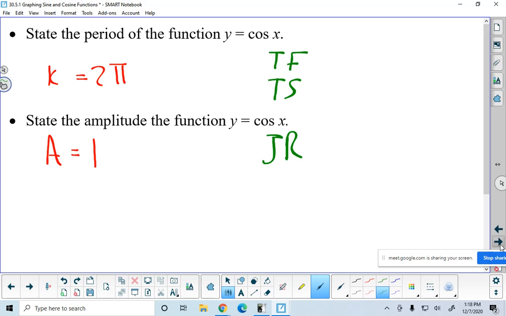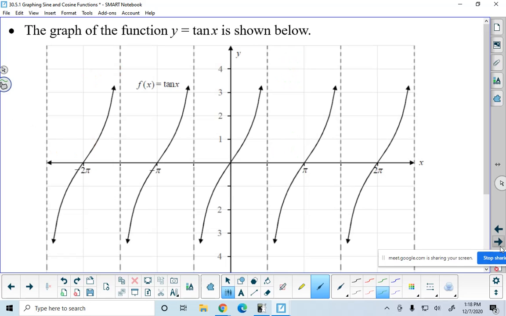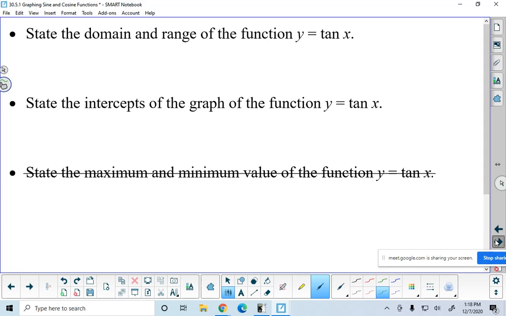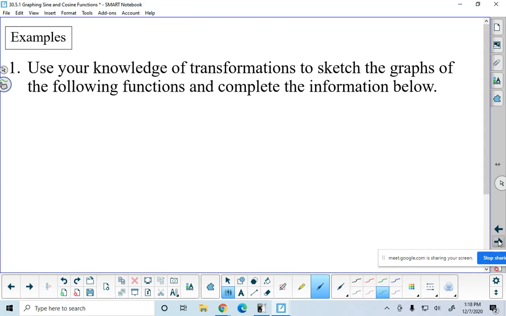So now, let's skip over tangent, all right? Let's not worry about tangent, okay? We'll talk about that later. All you're expected to know about the tangent graph is what it looks like, and we will handle that later. But what you're expected to know about sine and cosine is what any sine-cosine graph looks like.